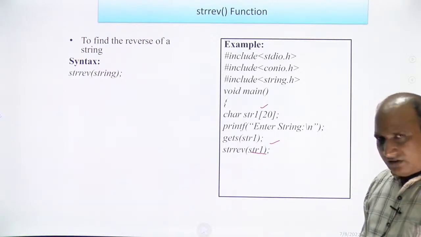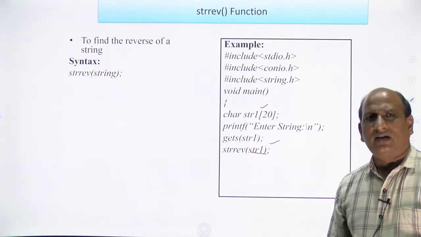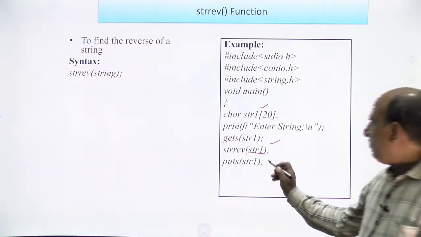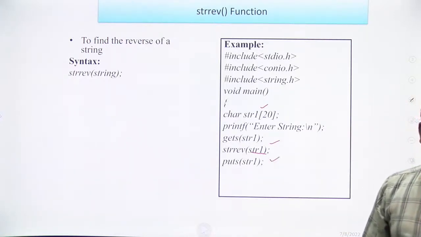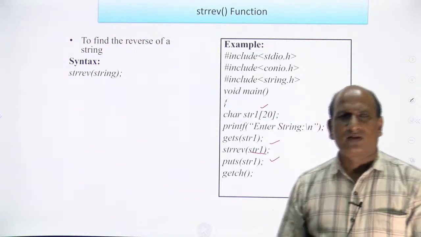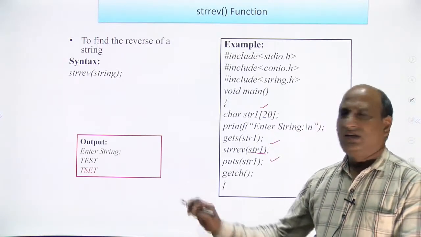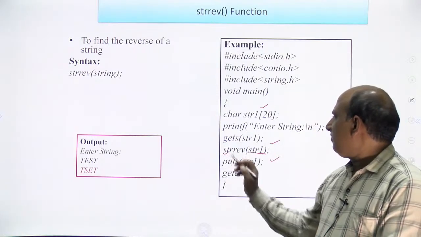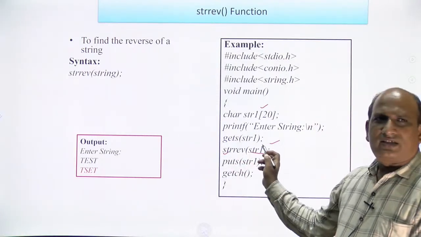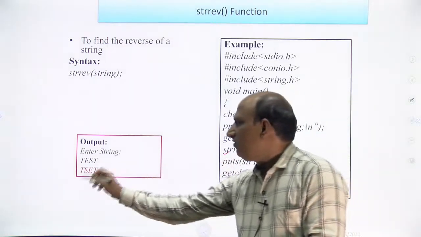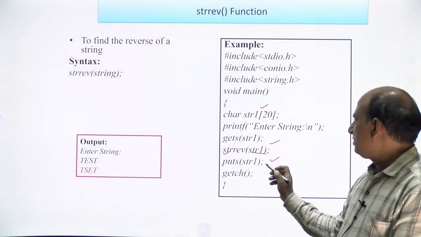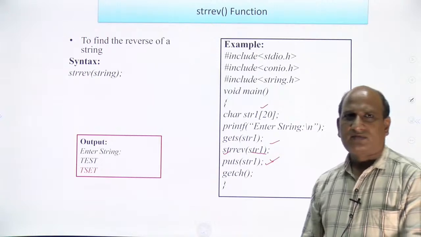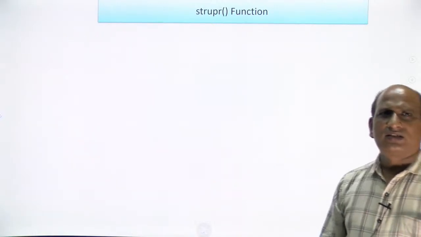If I print str1, the reversed string will be printed. If I input test as str1, strrev will reverse that string and the puts function will print it. This way you can reverse a string.